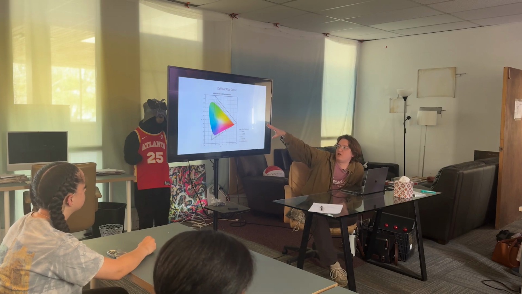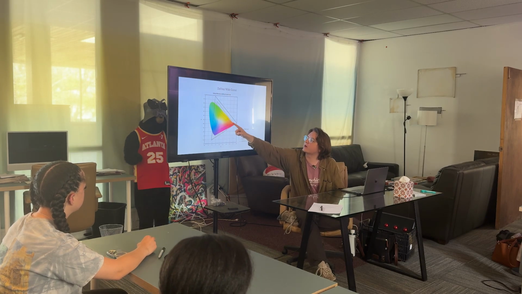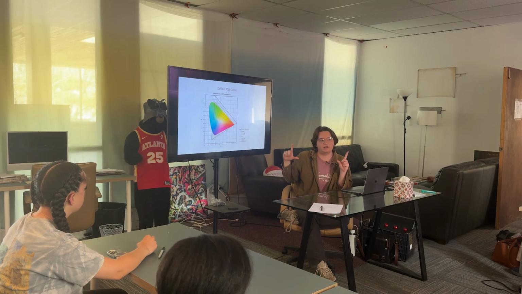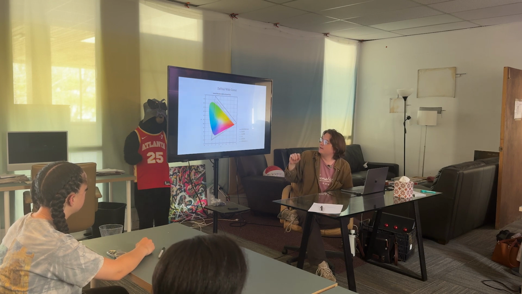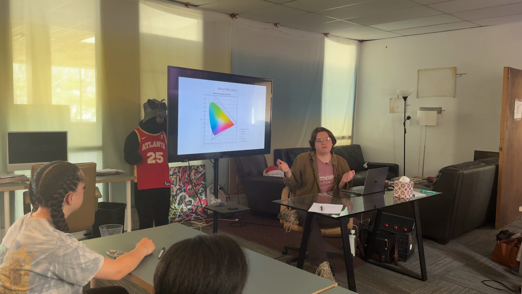This is a graph of all colors that humans can see. The smallest one here is Rec. 709. So that's what most displays can show. So you can see this issue where we've got a ton of data that we need to compress into a smaller amount of data. Now, this huge triangle that goes over everything, that's DaVinci Wide Gamut.